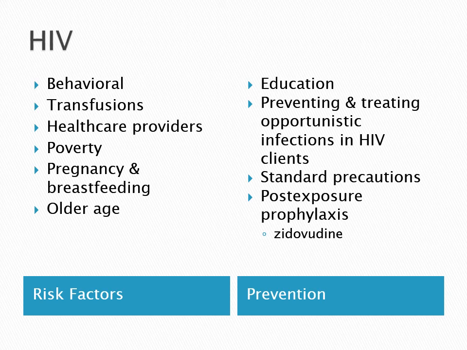As far as prevention, it centers around the risk factors. A lot of education as far as behavioral, educating about safe sex practices, using protection for any and every sexual encounter, whether it is vaginal, oral, or anal, making sure that they have access to protection and condoms.